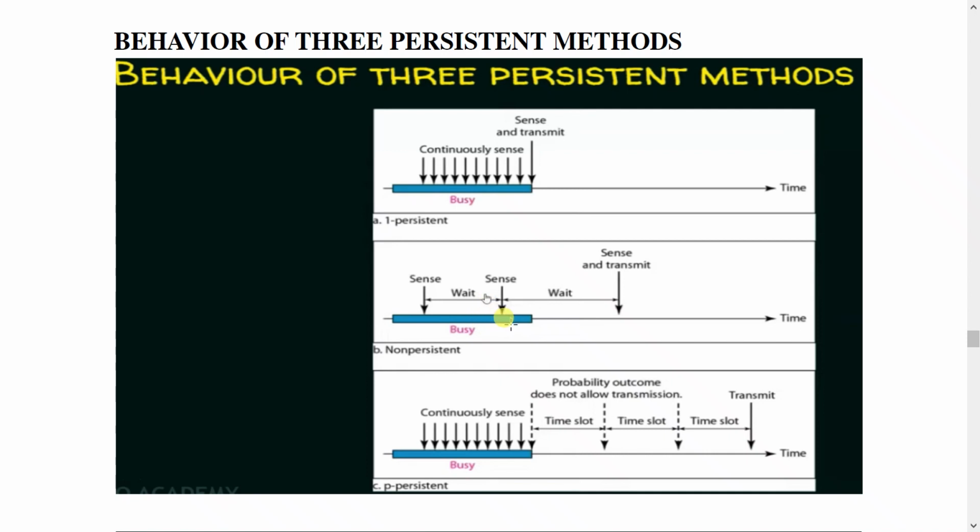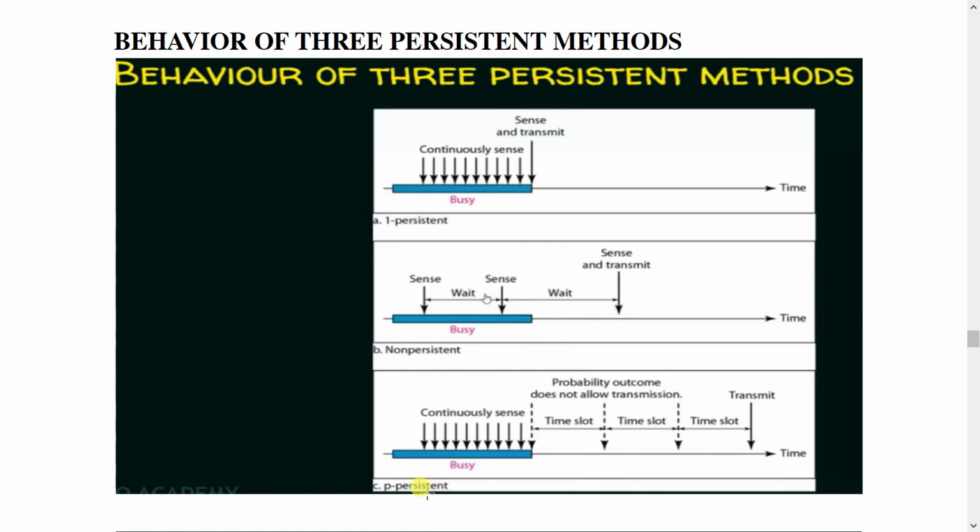It doesn't continuously keep sensing the channel because it's not too interested in seizing the channel whenever it's idle under the risk of collision with other nodes. It also saves its resources and makes sure that the probability of sending its data without collision increases compared to one-persistent.